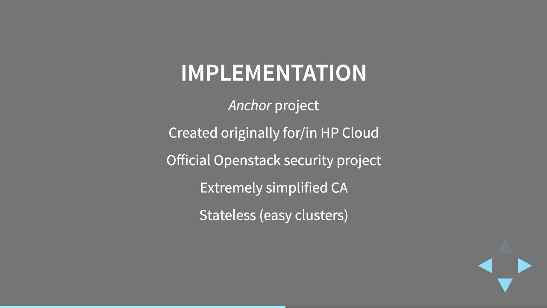It's extremely simplified, which means there are great pieces of software out there, like let's say DogTag. Okay, it's got great infrastructure. It's got agents to automate some stuff. It pretty much does all the PKI stuff as needed, but it's kind of a big and complex beast.